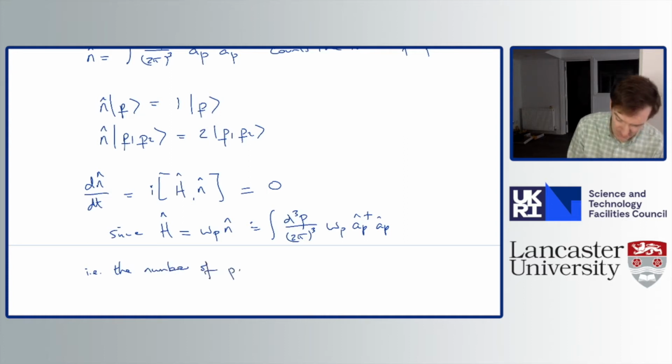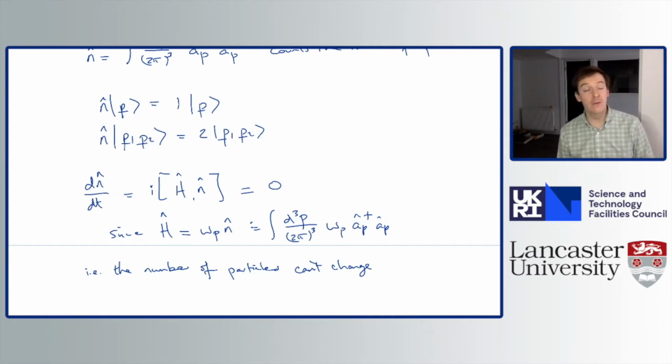But of course, in the real world, we know we do have theories where the number of particles can change. For instance, I bring an electron and a positron together. They annihilate, they have disappeared, and they could go into 2 photons or something else.